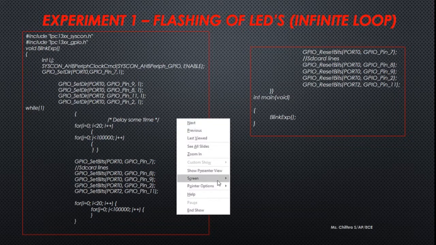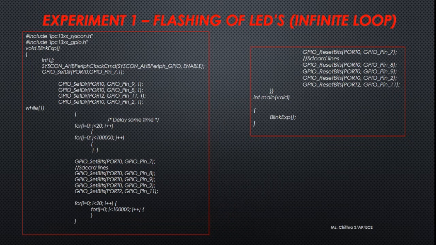Now coming to the program, as we discussed earlier, we use APIs, and also when we talk about embedded C language, the header files that we use will be pertaining to the hardware that we are using. So if you see the first line, it is #include lpc13xx_syscon.h and #include lpc13xx_gpio.h.